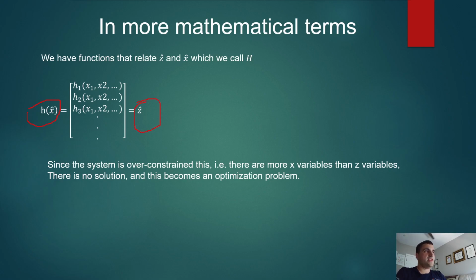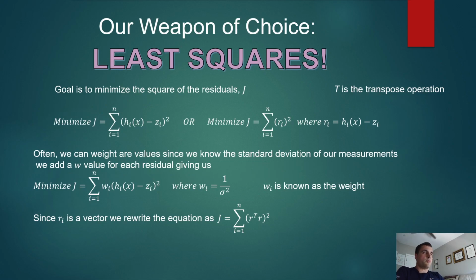Since we have more measurements than variables, we have more equations than unknowns, which means there is more than one solution, which means this becomes an optimization problem. For the purposes of this talk, we're going to use the least squares method. There are other ways of solving this as an optimization problem, but least squares is the most accurate.